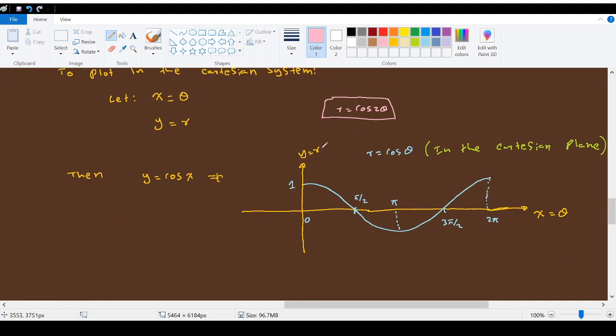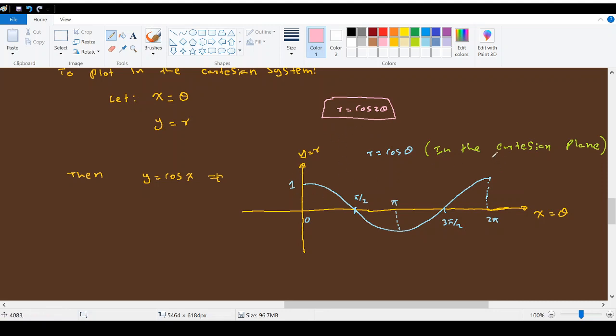In order to draw the graph of r equals cosine 2 theta, first we draw r equals cosine theta, and then from this graph we extract the curve of r equals cosine 2 theta.